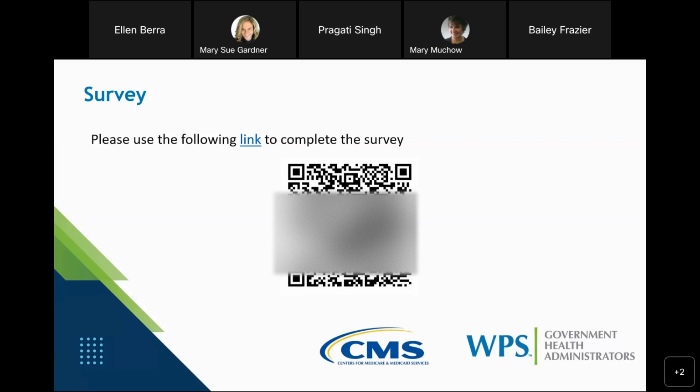I encourage you, if you are a specialist or a primary care provider for that matter, to take a look at the patients that you're treating and seeing on an ongoing basis, to verify whether or not these patients will qualify for this service.